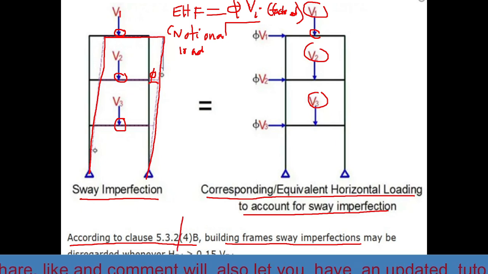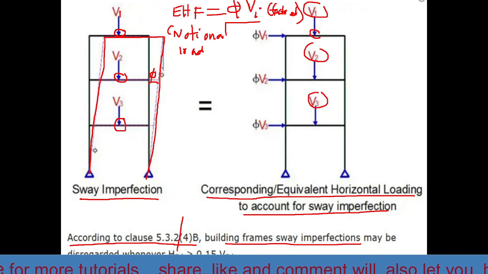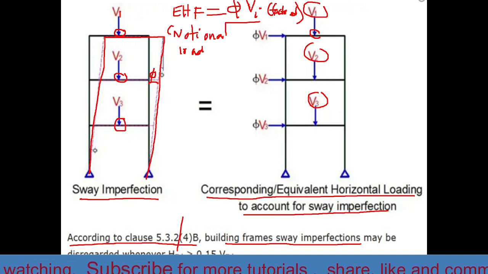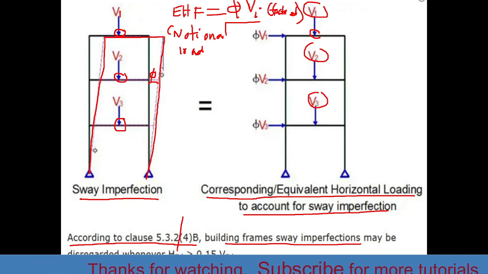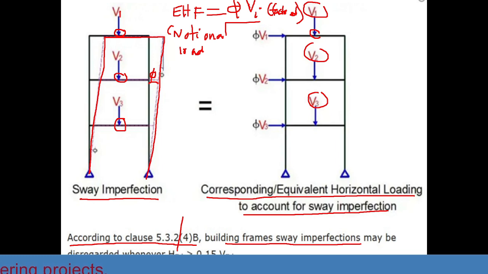When the total horizontal force is greater than 15% of the total gravity force, in that case we should not apply the equivalent horizontal force.